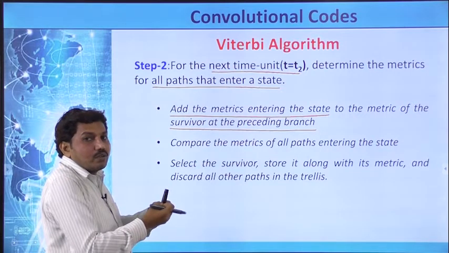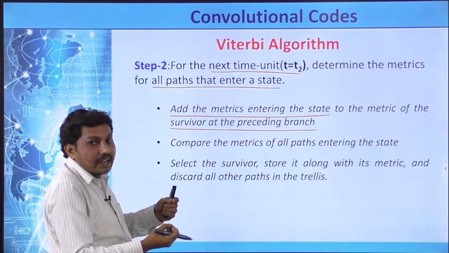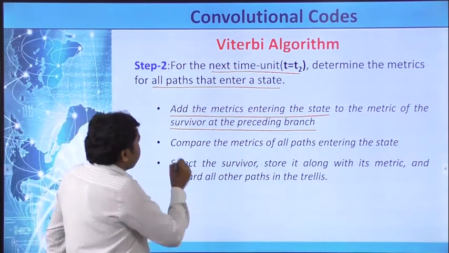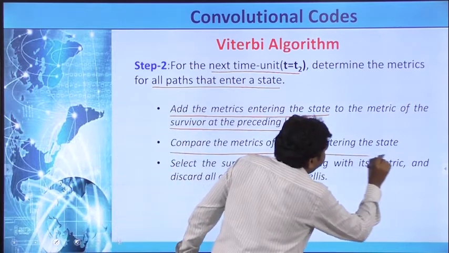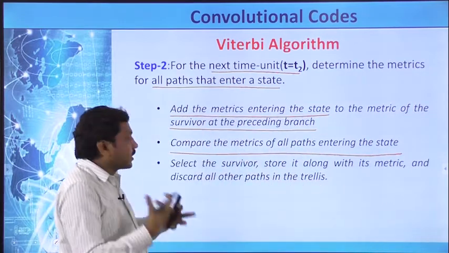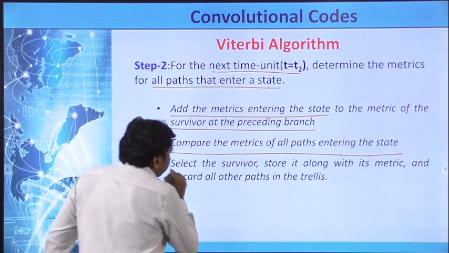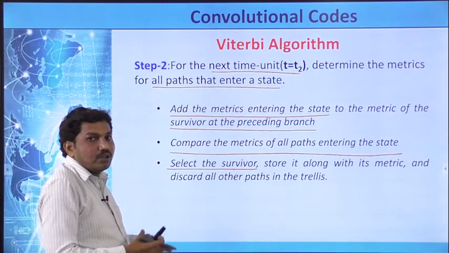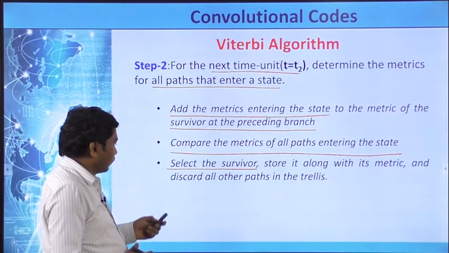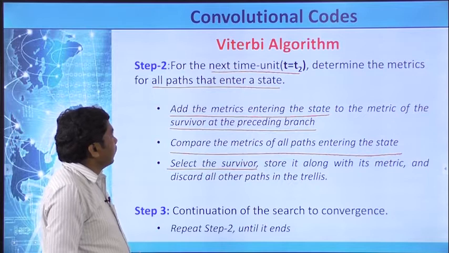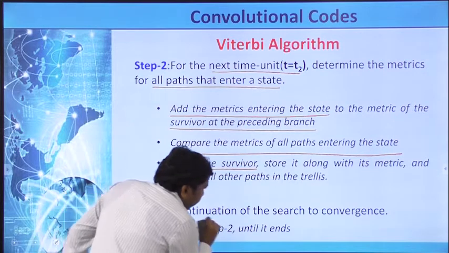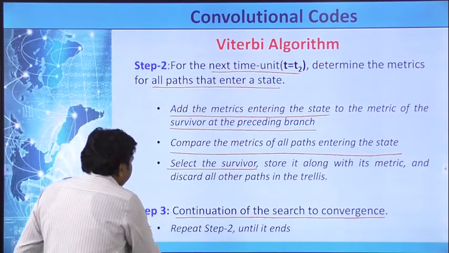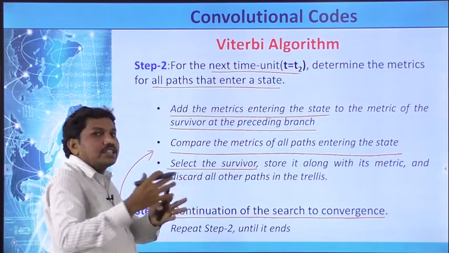For that branch, the next branch connected will have the minimum metric. Compare the metrics of all the paths entering the state and select the survivor. Survivor means which has the least metric in those paths. So, continue this process and repeat step 2 on each stage.